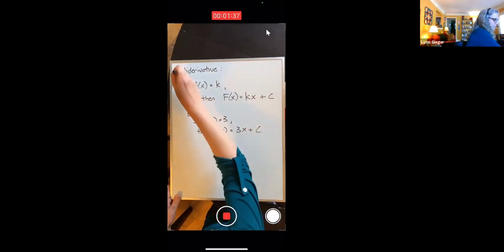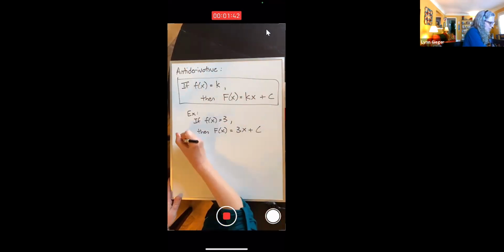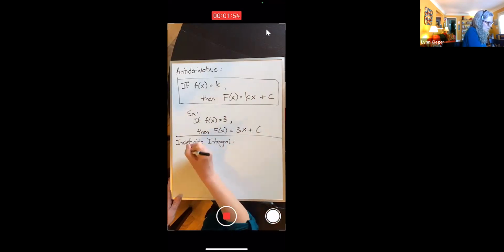Now, this shortcut right here for antiderivatives could also be written as follows. It's an indefinite integral. And it would read like this.